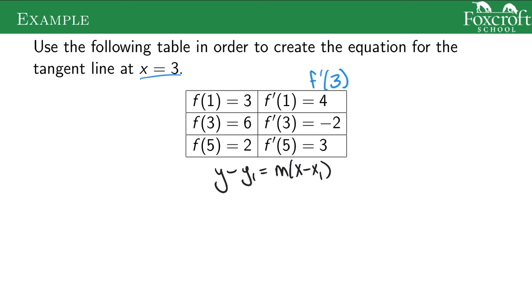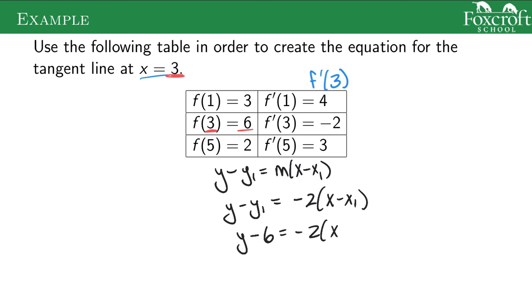So f prime of 3 represents the slope of the tangent line at the x value I care about, so I can put a -2 there, because the slope is -2. I also need to know the point from the original function. Again, x equals 3 is the one I care about. When I plug 3 into my function, I get out 6. So that's going to turn my equation into this. And then again, just some simplifying to get it into slope-intercept form.